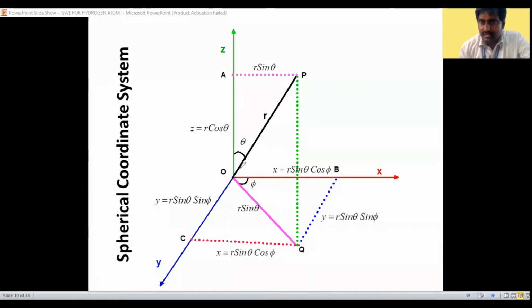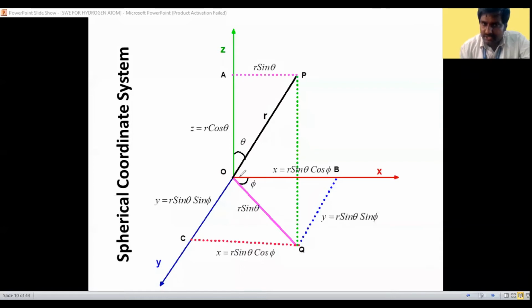Similarly, we have one more variable, that is phi, the angle between the XZ plane and the OQ line. Similarly, we can get y. How do we get this r sin theta?